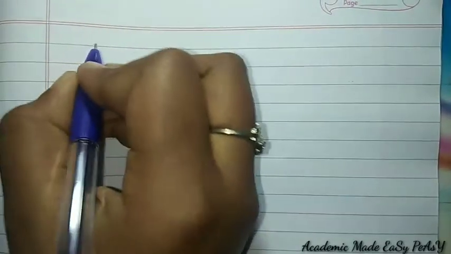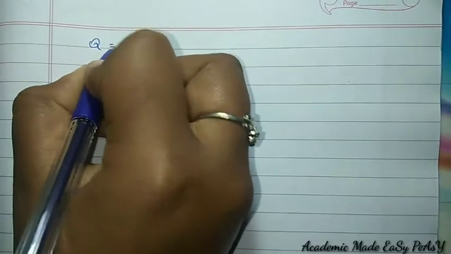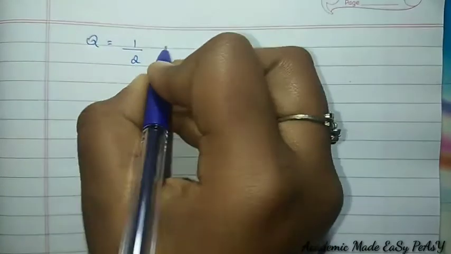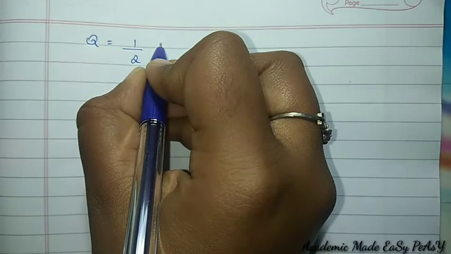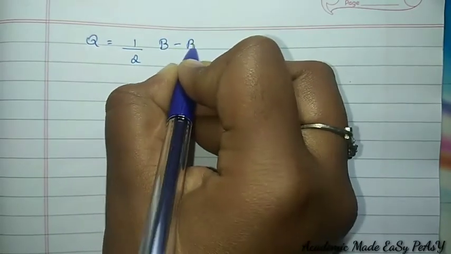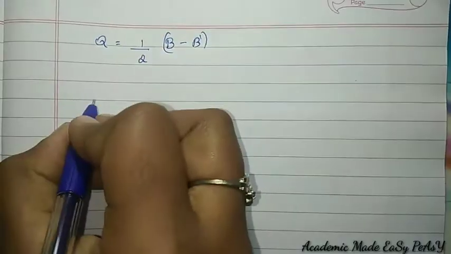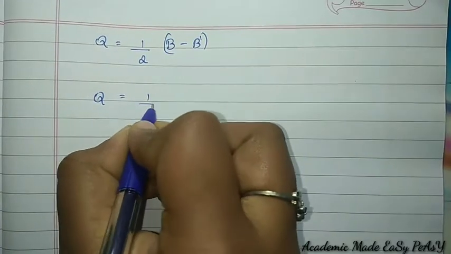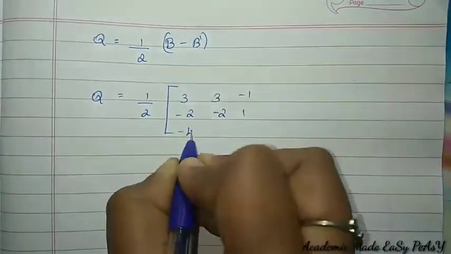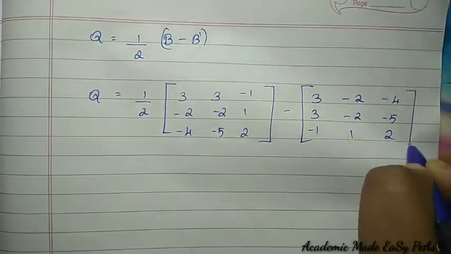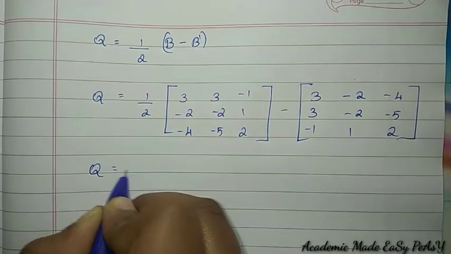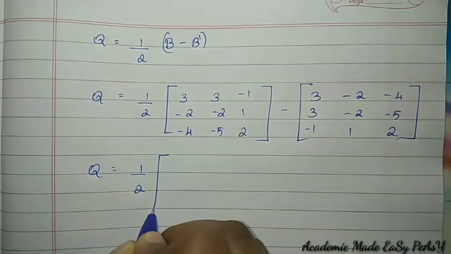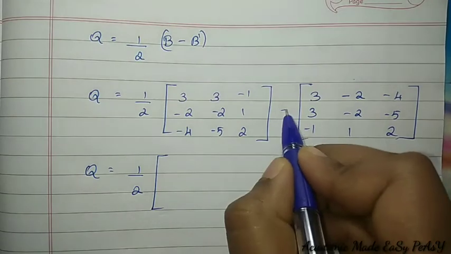Now let me check for skew symmetric. So Q is equal to 1 by 2 of B minus B dash. Now I will be subtracting these two. In order to subtract, what we have to do? We have to change the sign.